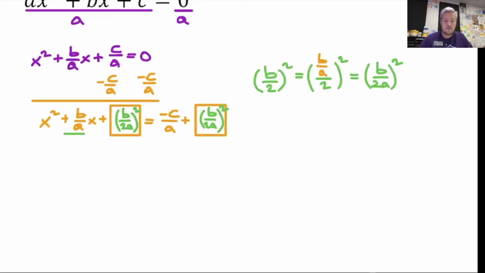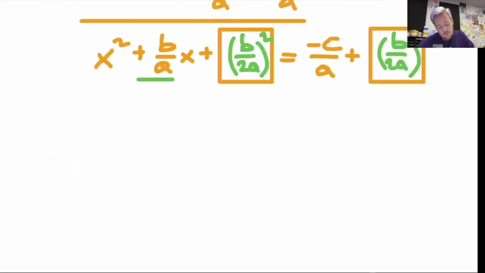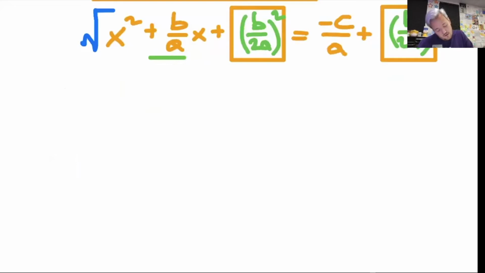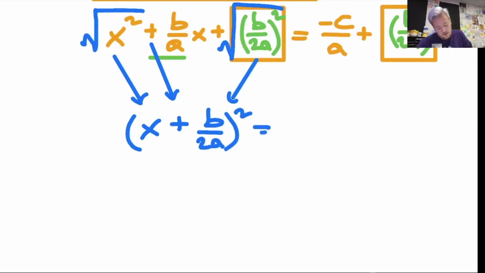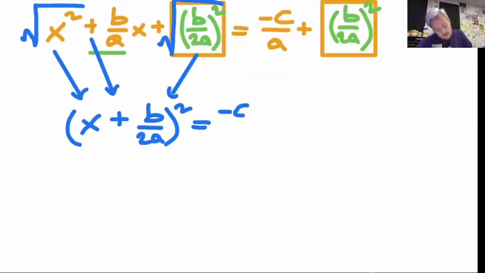All right, so now I want to factor the left side and make it a perfect square. It's a perfect square trinomial. So when I factor, I take the square root of the first, so x, keep the sign of the second, and then the square root of the last, which is b divided by 2a, squared, equals negative c over a plus b over 2a all squared.